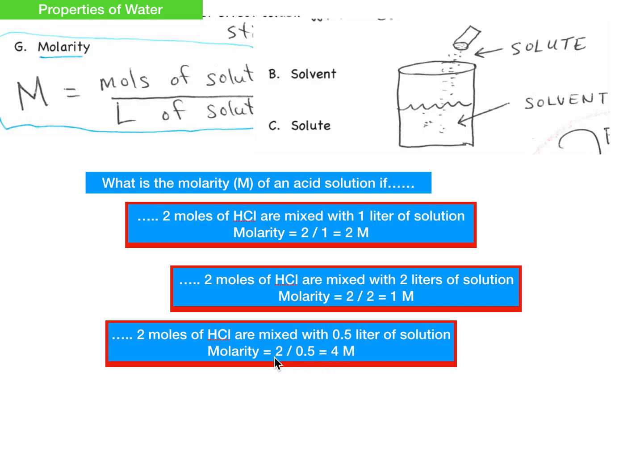Well, then I would have 2 moles divided by half a liter, and that would actually be more concentrated, a concentration of 4. So next week we will really focus on looking at these solutes that we dump into the solvent. How concentrated are they? And then that will also help us decide if these are acids or bases.